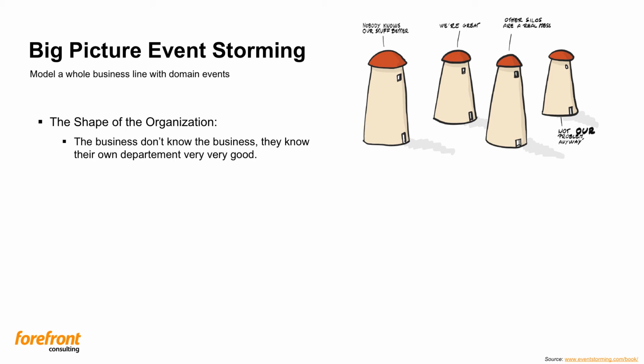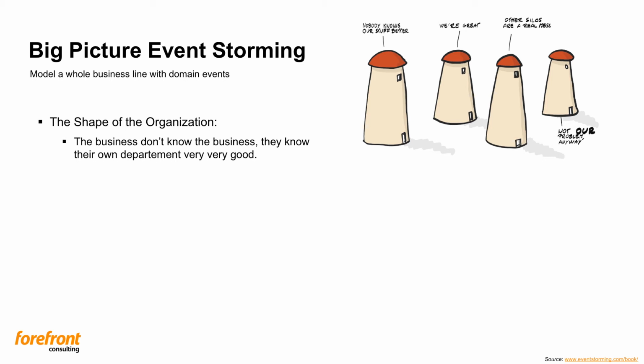So you will have a shape of the organization, the people involved in the value stream, which, at least in a bigger company, is made out of several different departments or groups of people, and everyone knows their expert area very well.